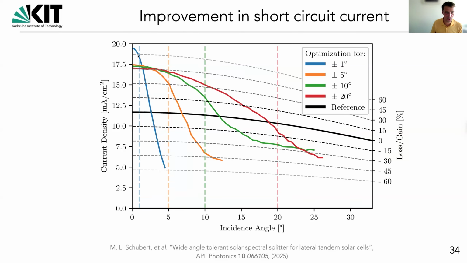If you optimize this just for a single angle of incidence or a very narrow angular range, of course, we can take the best out of this. If we optimize for a larger range of angles of incidence, we compromise this peak value, but we benefit from an improvement of performance for a larger angular domain quite reliably.